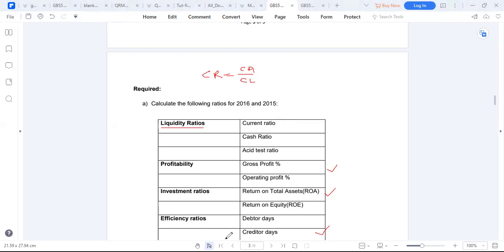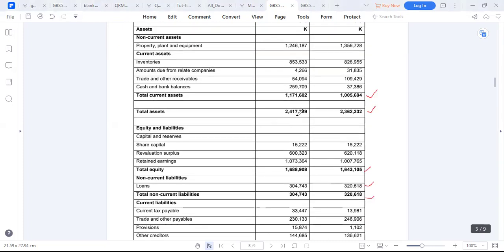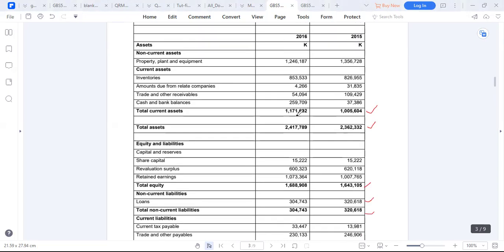So let's identify what our current assets are for 2016 and for 2017. We go to the balance sheet, current assets for 2017. For 2016, what are the current assets?